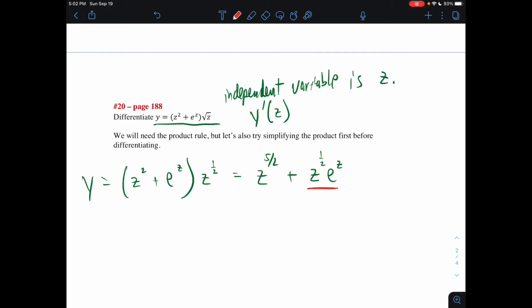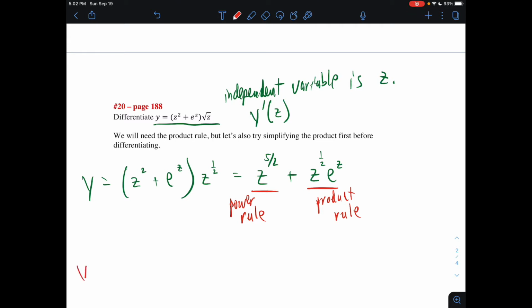So this simplifies this a little bit in the fact that we won't have to be taking the product rule too large. We can just use power rule for z to the 5/2, and then use the product rule for the second part, z to the 1/2 times e to the z.